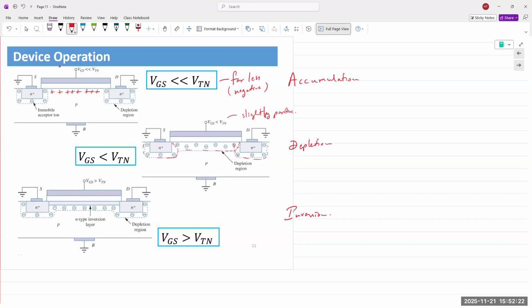When you have a negative charge inside a circle, it is representing an immobile charge. These are immobile ions, the immobile acceptor ions. They accepted an electron, so they have one extra negative charge. It's a p-type material, so they are immobile.